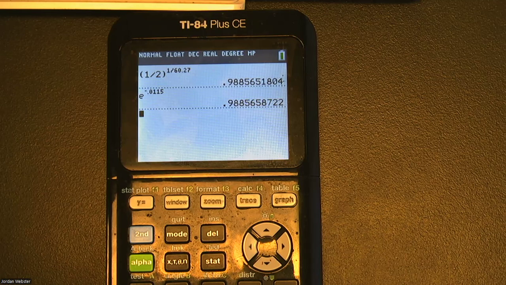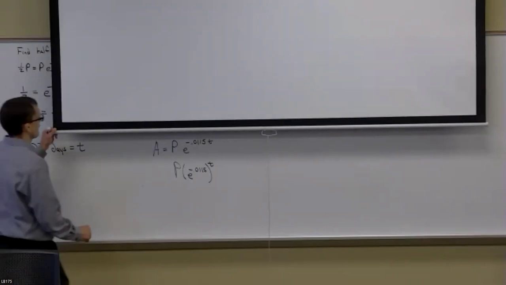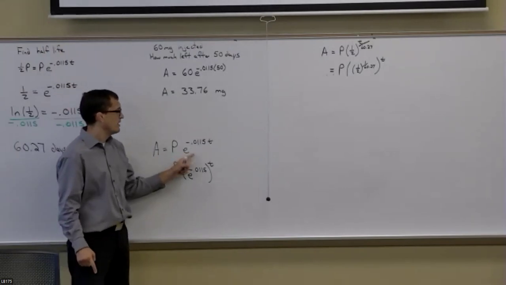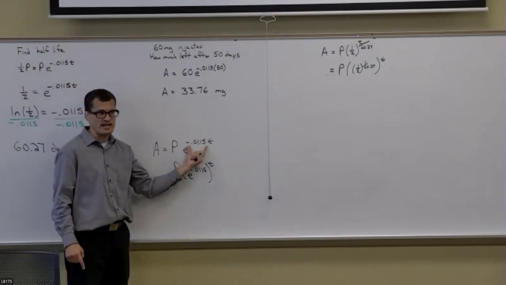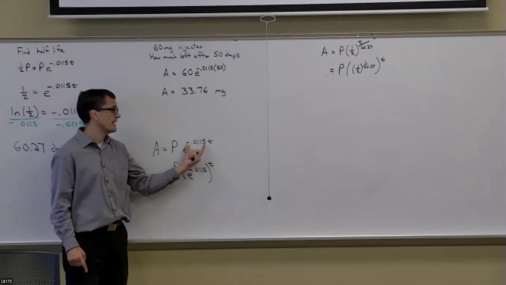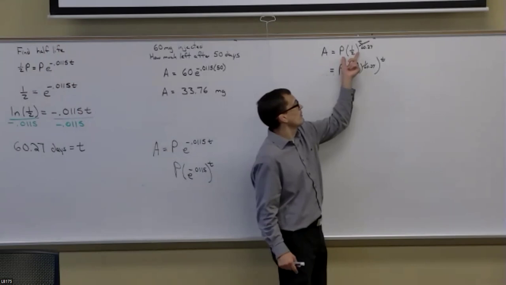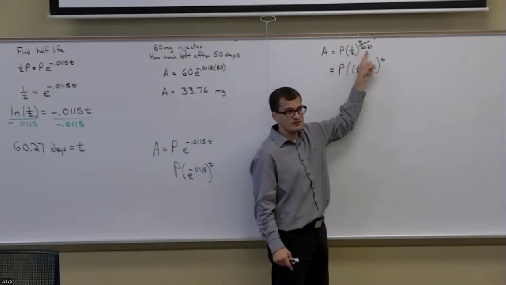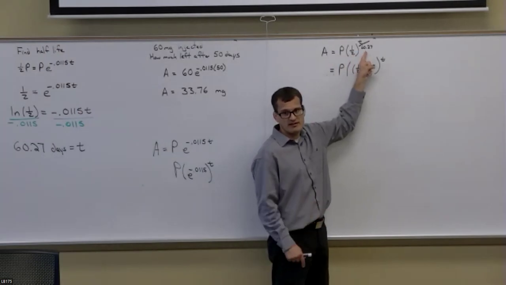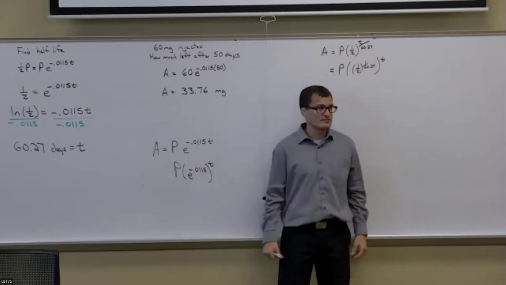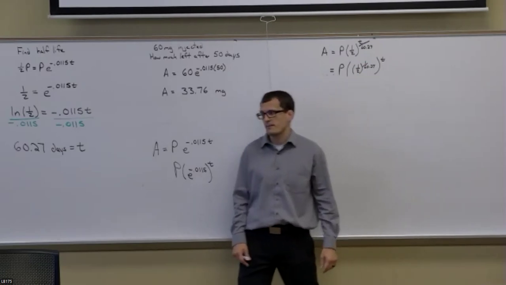Whereas the other equation, this one, is written in a way where it's easy to see the rate of decay or the rate of growth as a percent. So it's the same equation, just written in different ways. That's my point.